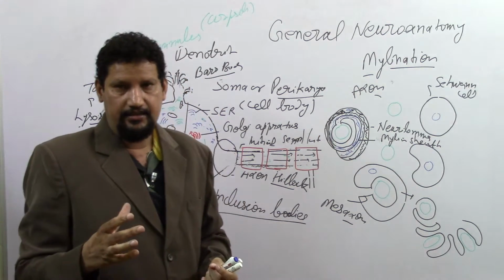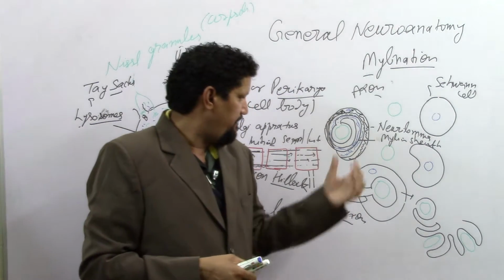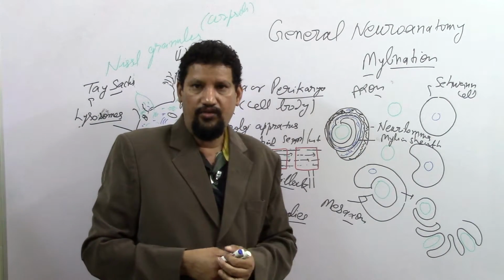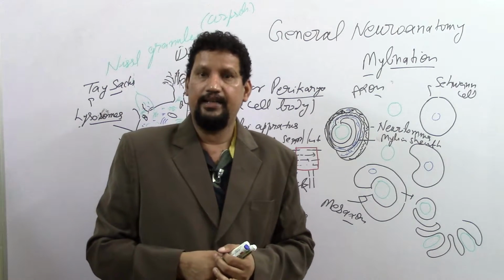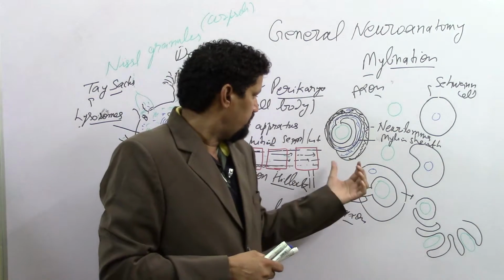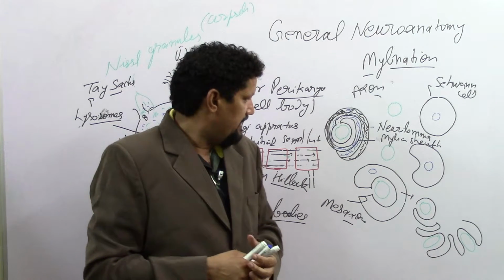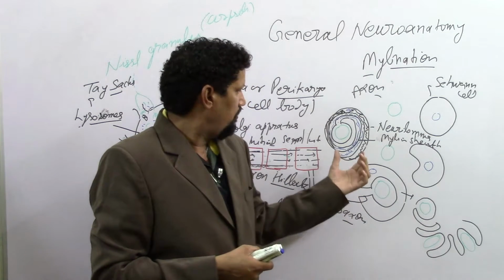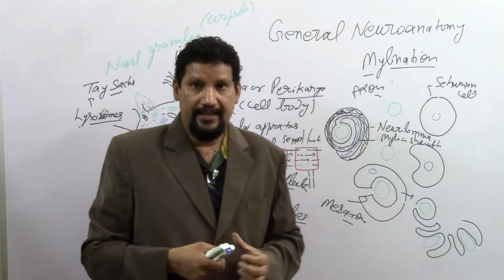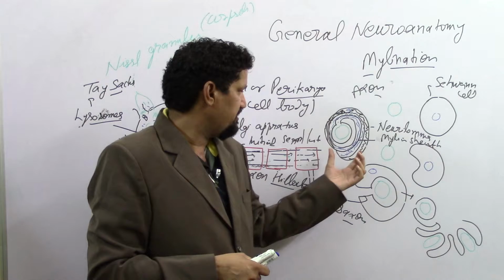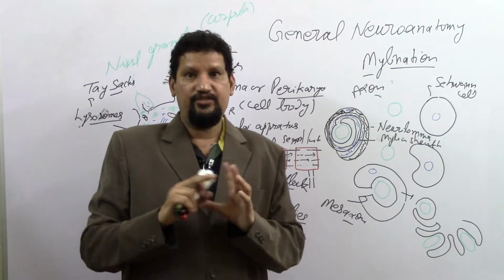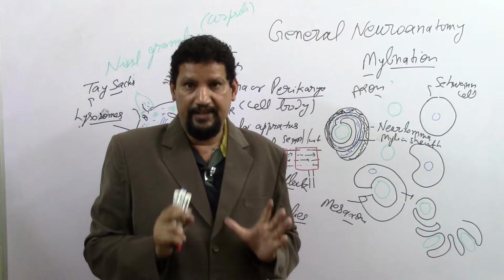This myelin gives a typical white color appearance in a living person, or it looks pale in a dead person.